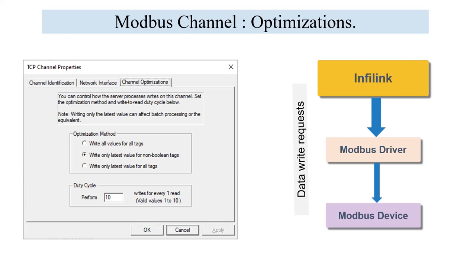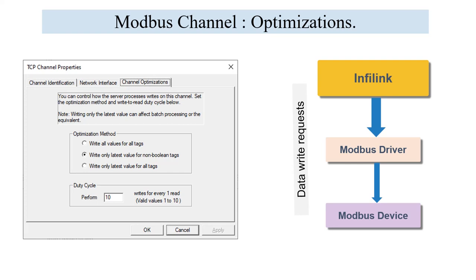Such situation can have different effect in case of Boolean tag and non-Boolean tag. The driver allows you to have 3 different ways of optimization. You should use the setting which best suits your situation. You can use the lowest setting and tell the driver to write only last value for all tags, Boolean or non-Boolean.